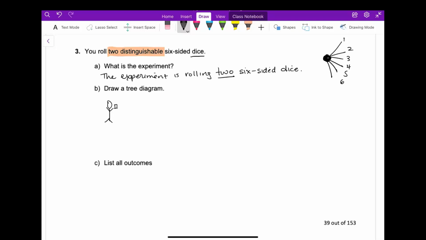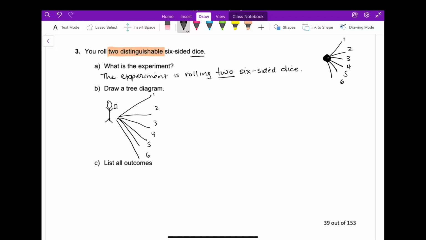Now we're going to do this twice, so here comes the first one. Here's going to be 1, 2, 3, 4, 5, 6. And I'm the type of person that likes to finish one thing at a time. So in this instance, you see my one toss and all of the outcomes for the one toss.